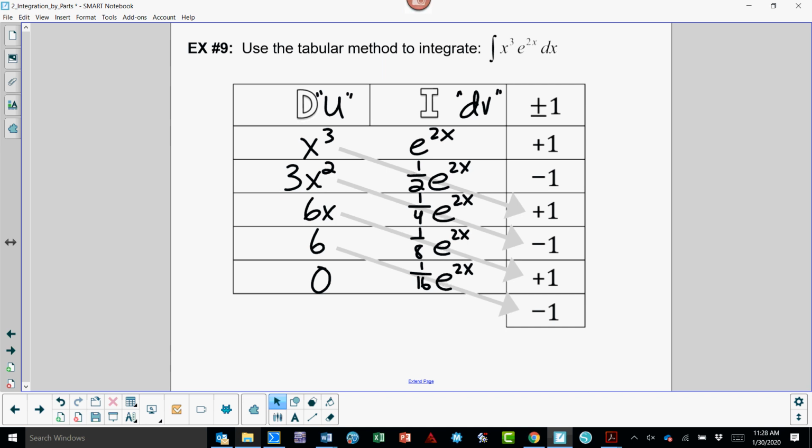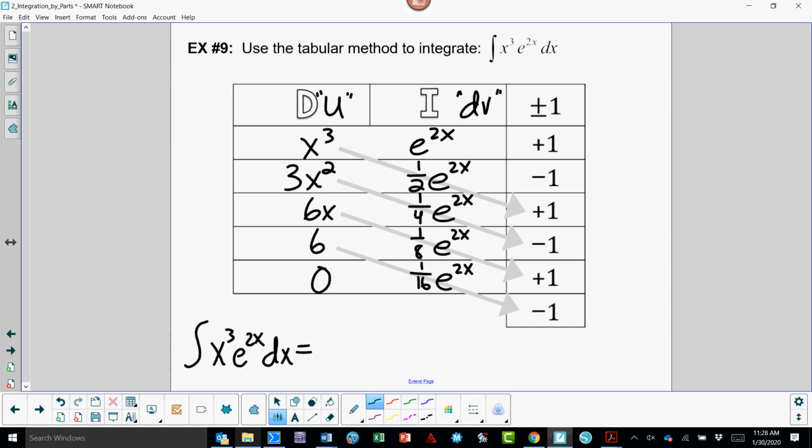Then the answer to the integral of x cubed e to the 2x dx equals the following. You're going to follow the gray arrows.